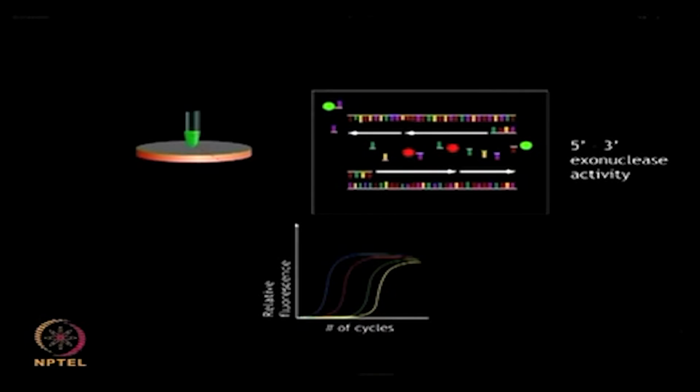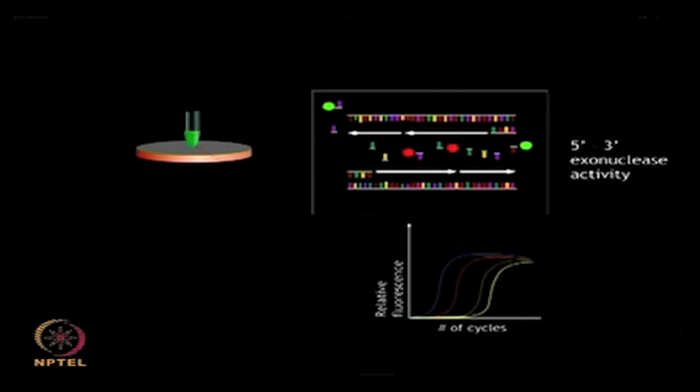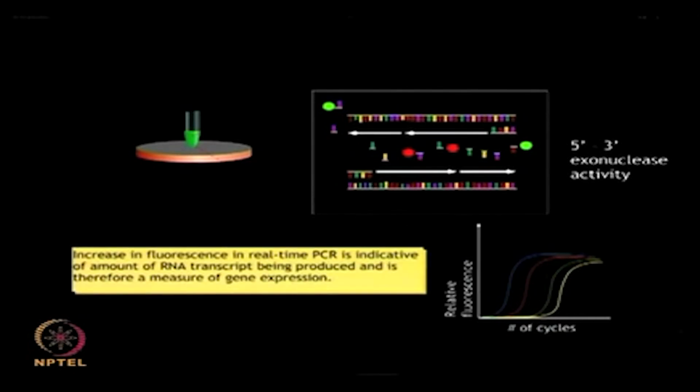The released reporter dye thus gets separated from the quencher molecule during this process, and fluorescence emitted can be detected by using a suitable detector. The increase in fluorescence in real time PCR is directly indicative of the amount of nucleotide being synthesized and is therefore a useful tool to measure gene expression.